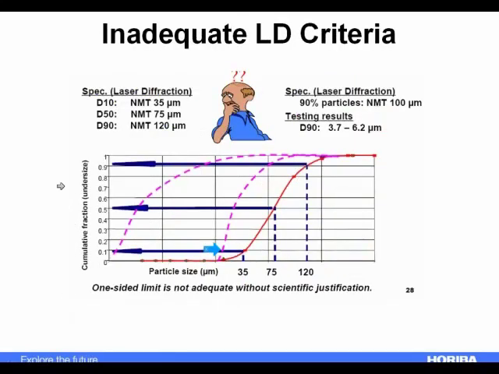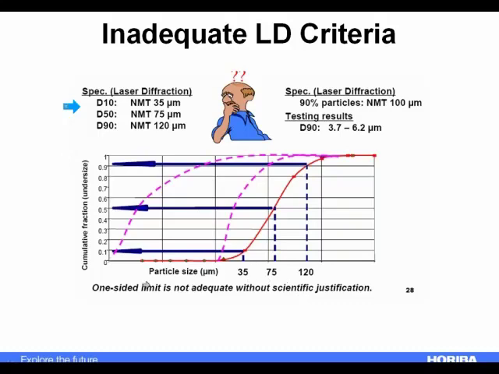And then as you look at how to set a specification, if you just say the specification is not more than certain sizes at D10, D50, D90, he throws out there that might not be completely adequate without scientific justification. So here is someone saying, I see this going on, but you'd better tell us why you don't really need to talk about a range of values when you set your specifications.